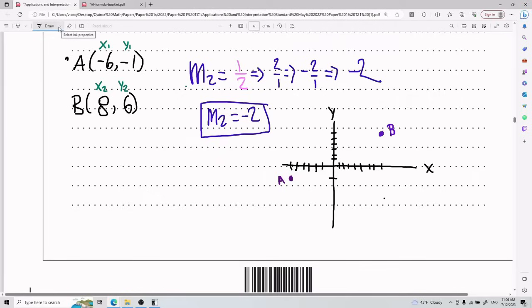And so what is the halfway from A to B for my X values? If I'm only comparing my X values, here I have -6 for my X value, and here I have +8.